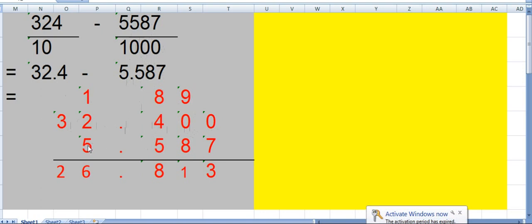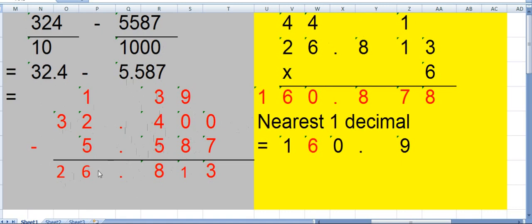Minus 5.587. 10 minus 7 is 3, then 0 gone 9, it becomes 9 minus 8 is 1, then again 4 gone, it becomes 3, 13 minus 5 is 8, then 2 gone 1 remains, 11 minus 5 is 6, then 3 gone 2 remains, 26. So the answer is 26.813.